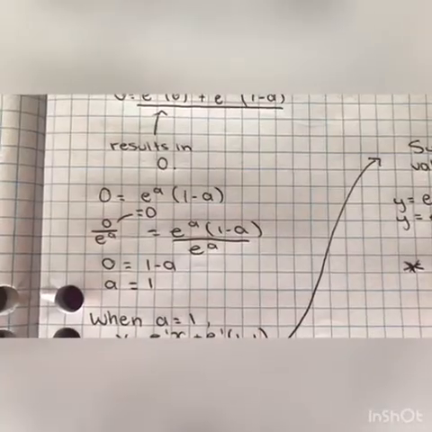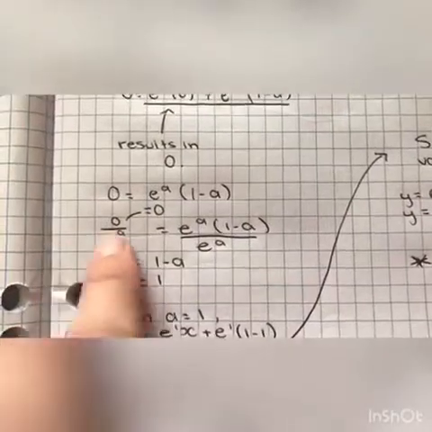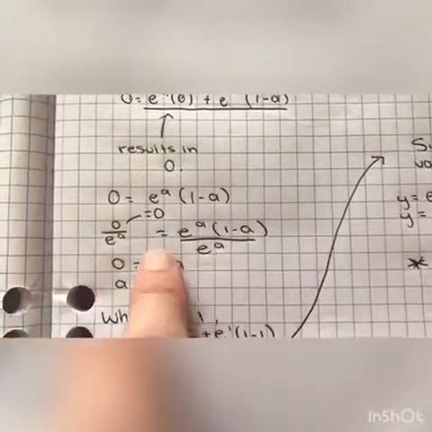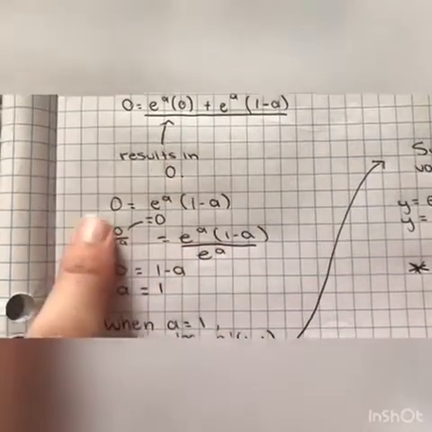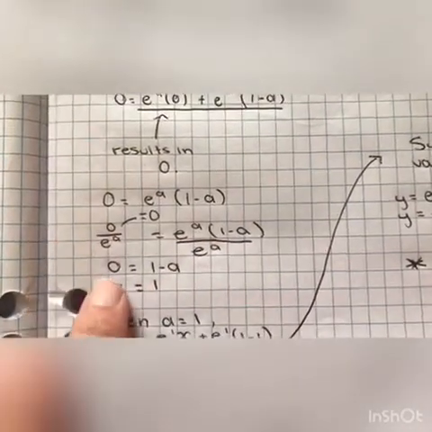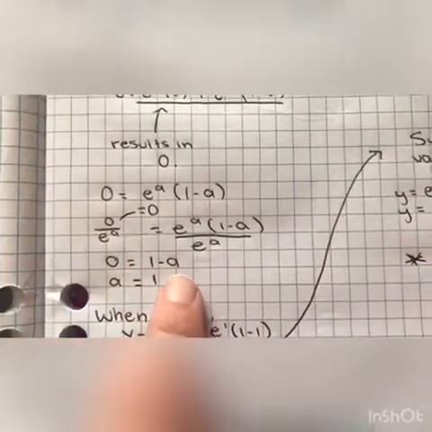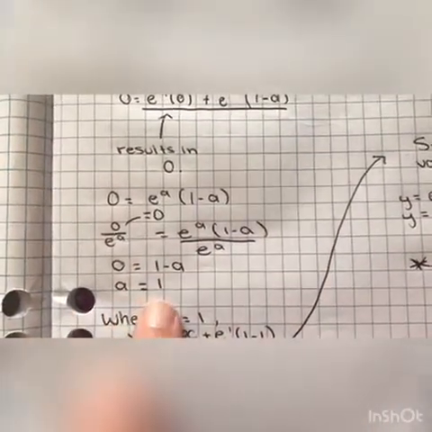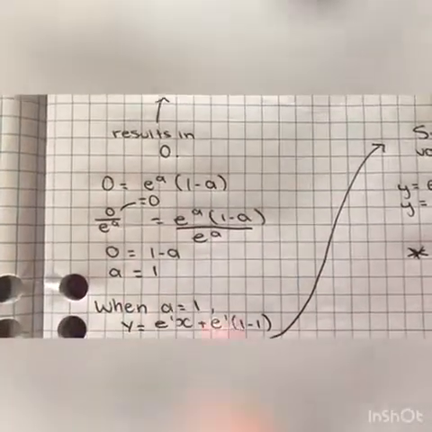We then want to get a by itself in order to find its value, so we're dividing both sides by e^a in order to get rid of that e^a out the front of the equation. 0 divided by e^a just results in 0, and the right hand side will just equal 1 take a. And then to get a on its own, you want to add it to the other side, resulting in a equals 1.